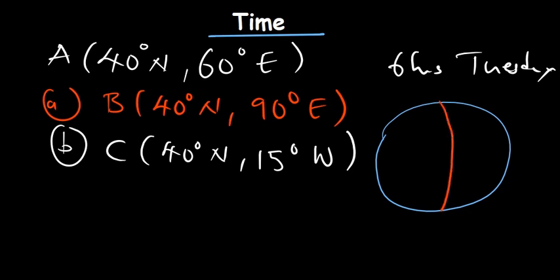What makes the difference is changing the longitude. Each time there's a 15 degrees difference, that is equivalent to a 1 hour difference in time. That's very, very key.